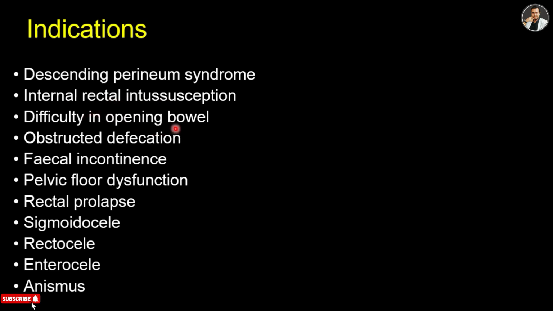And then difficulty in opening bowel, and then obstructed defecation, and then fecal incontinence. So fecal incontinence is the term for the lack of control over defecation leading to involuntary loss of bowel contents, including flatus, liquid stool elements, and mucus or solid feces.